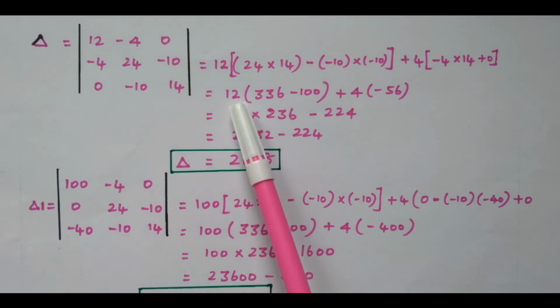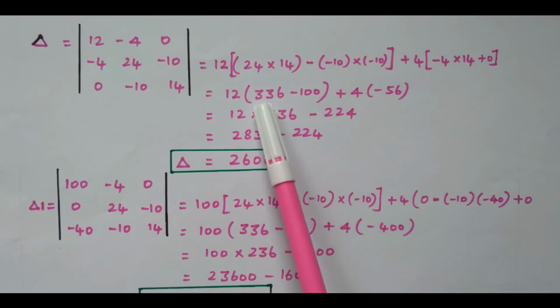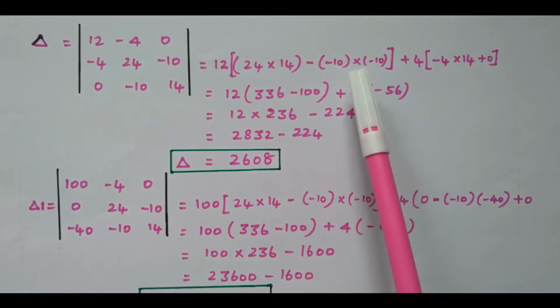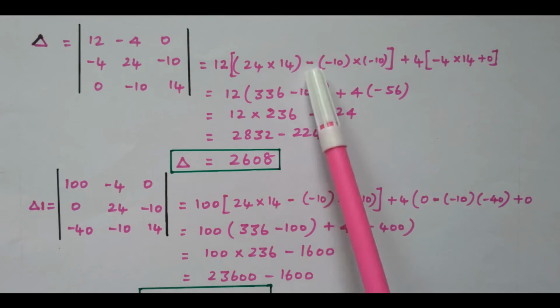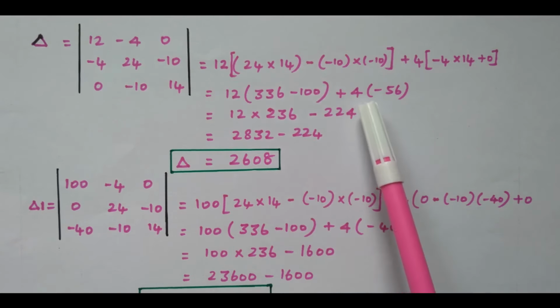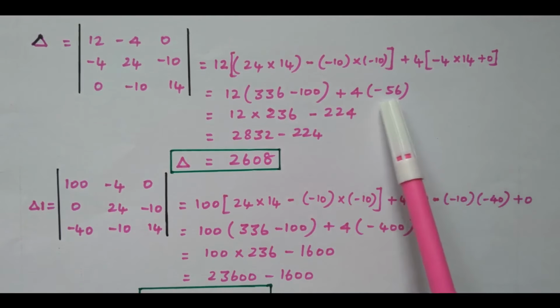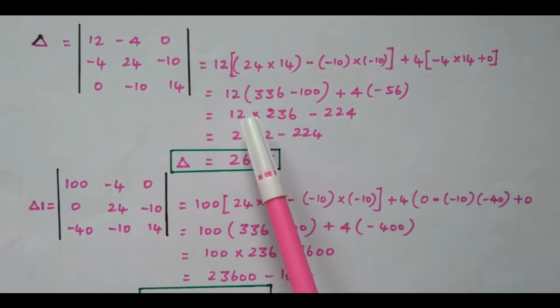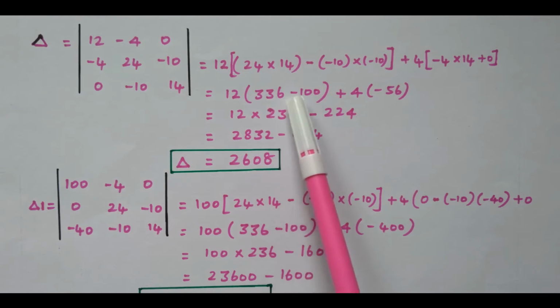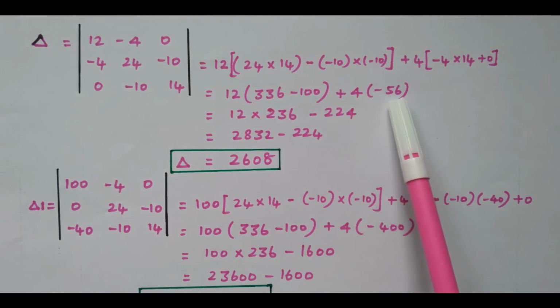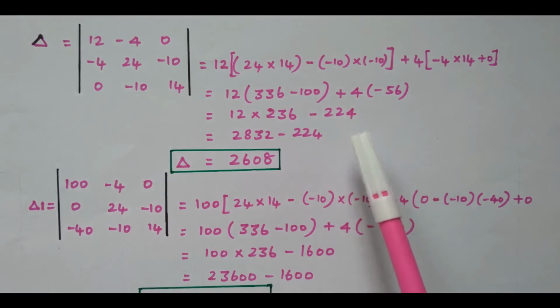Right? So 24 into 14 is 336, minus 10 into minus 10 is plus 100, but already one minus is there, so minus 100. Plus 4 into minus 4 into 14 is minus 56. Then 12 into 336 minus 100 is 236, and 4 into minus 56 is minus 224.